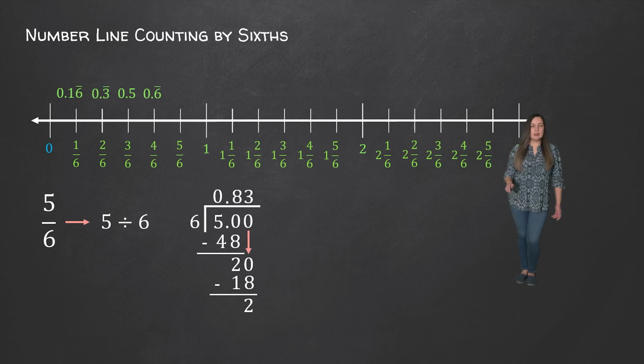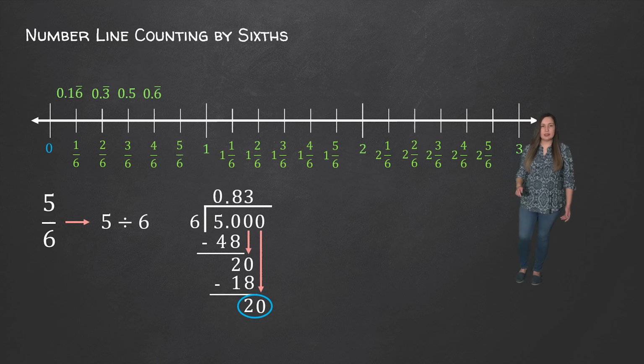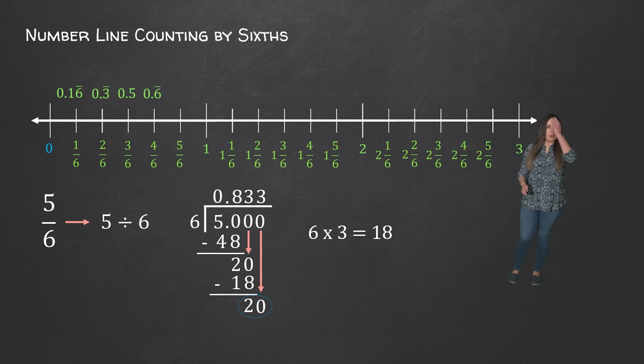So we're going to add another 0 and bring it down. Then we ask ourselves, how many times does 6 go into 20? Well, again, 6 goes into 20 3 times because 6 times 3 is equal to 18. We go ahead and rewrite the 18 underneath the 20. And when we subtract, we're going to get 2 again.